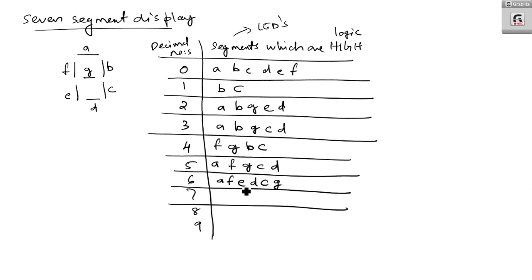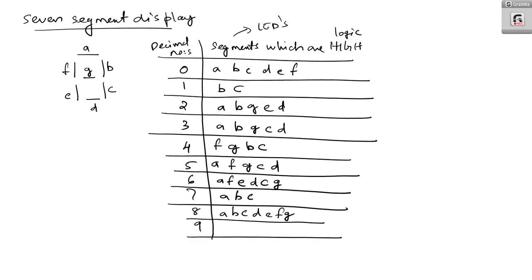To display 7, A, B and C should be on. Right? To display 8, you need to turn on everything, so A, B, C, D, E, F and G should be on.